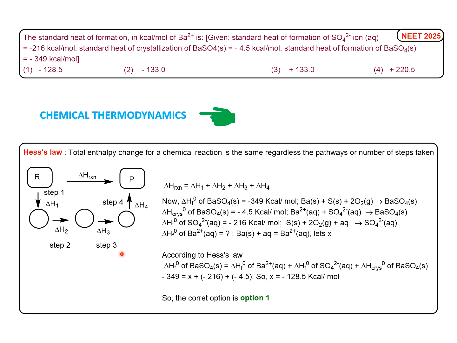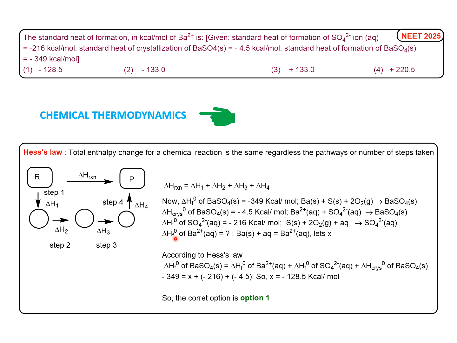Delta H crystallization for barium sulfate solid is minus 4.5 kilocalorie per mole, from barium 2 plus aqueous plus sulfate 2 minus aqueous giving barium sulfate solid in the crystallization form. And delta HF0 for sulfate 2 minus aqueous is also given as minus 216, from sulfur and oxygen giving SO4 2 minus aqueous.